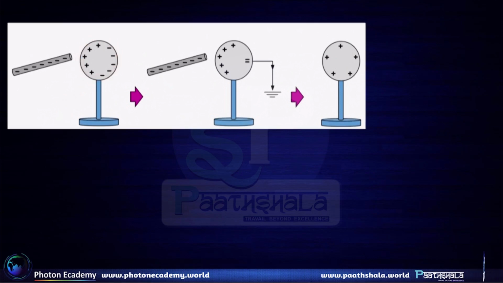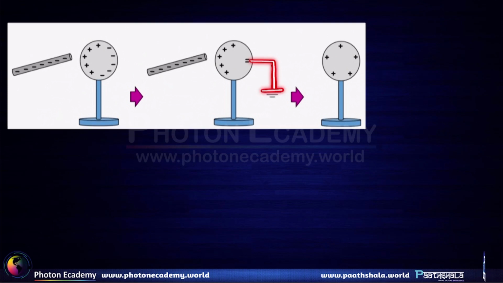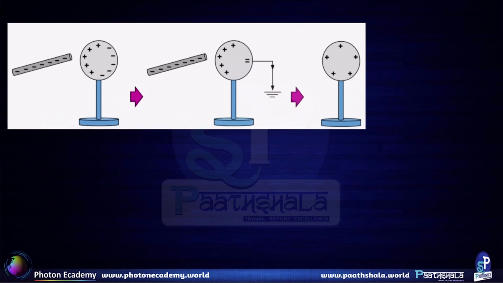What we do is, the right hand side of the body as shown in this diagram, we ground it. By grounding, we mean that we simply connect it to earth via a connector that is perfectly conducting, and hence all the electrons drain out to the earth. Now one would ask, if all the electrons are draining out to the earth, then what about these positively charged particles?